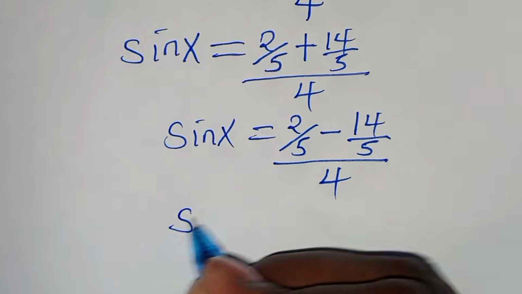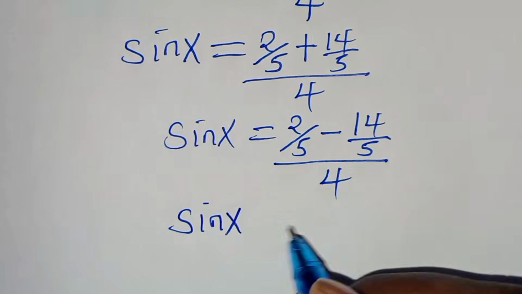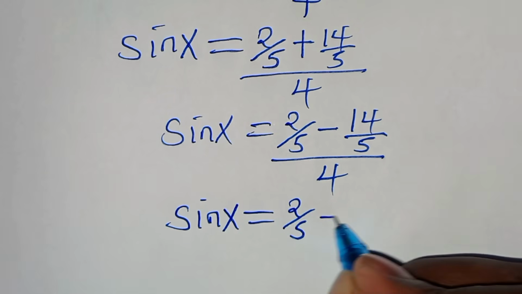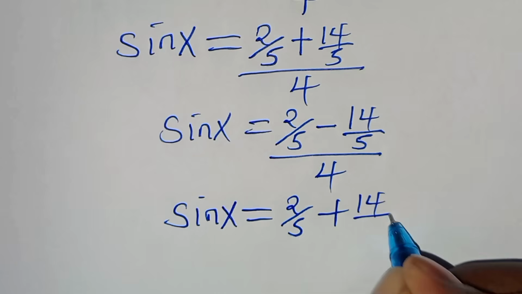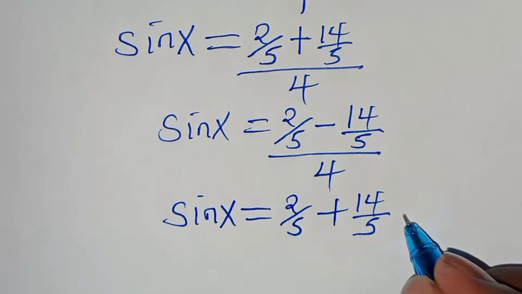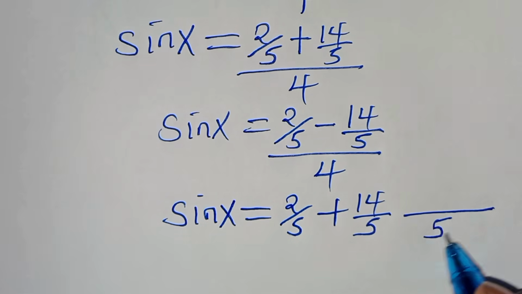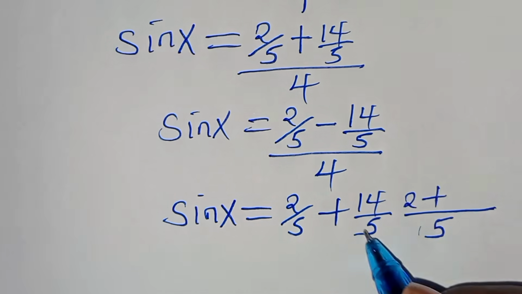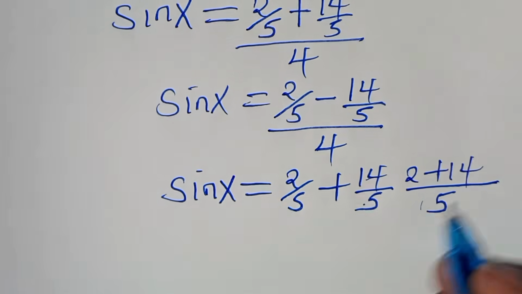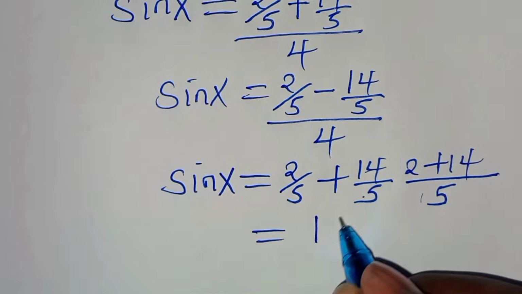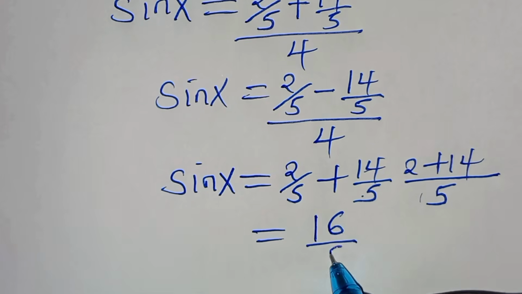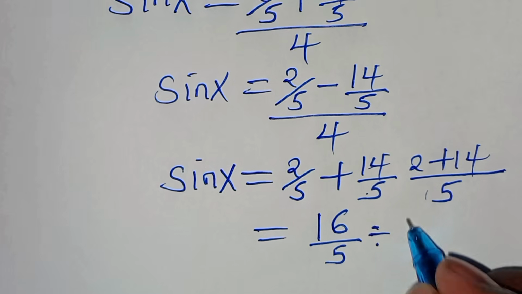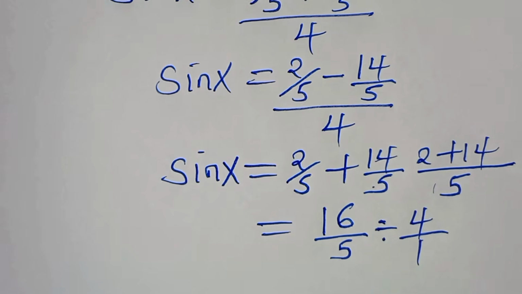Now the first case: sine x is equal to 2 over 5 plus 14 over 5. Here 5 is the LCM. 5 divided by 5 is 1 times 2, this is 2, plus 14. So we have 16 over 5 divided by 4, which is 4 over 1.